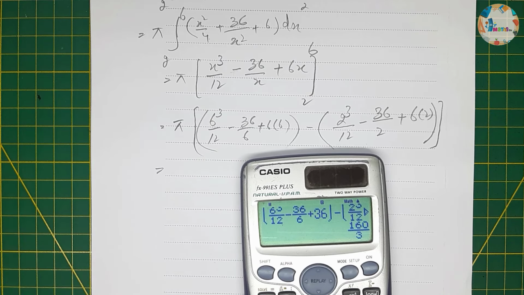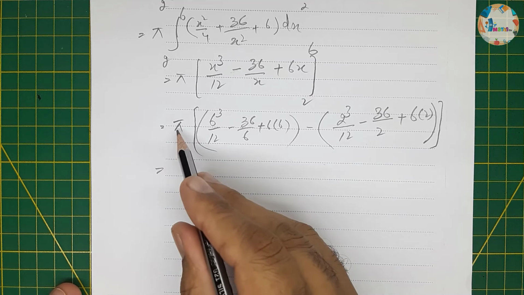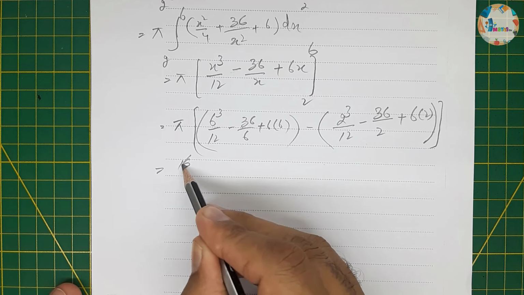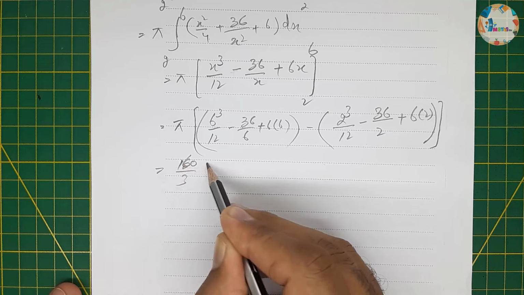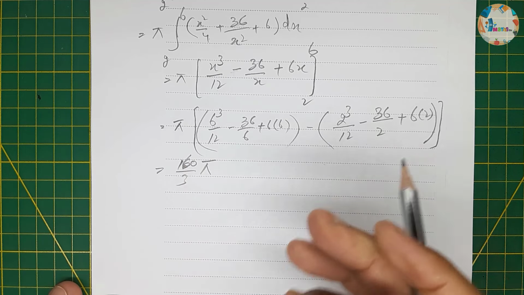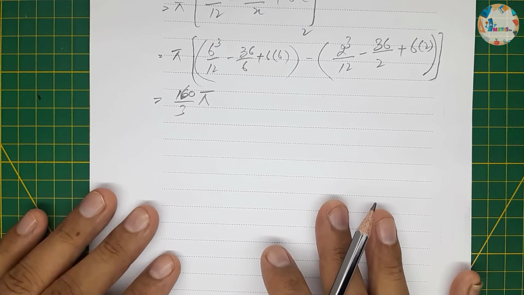This will give us 160 over 3 pi. So pi and 160 over 3, so 160 over 3 pi is for this one.